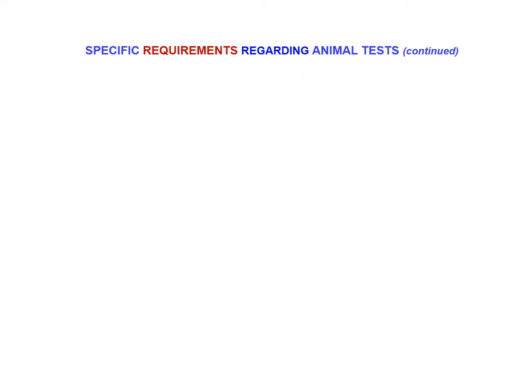In addition to detailed and lengthy applications which must be provided to the appropriate committees in order to obtain approval to conduct animal tests, animal experiments require lengthy and very detailed, meticulous record keeping.